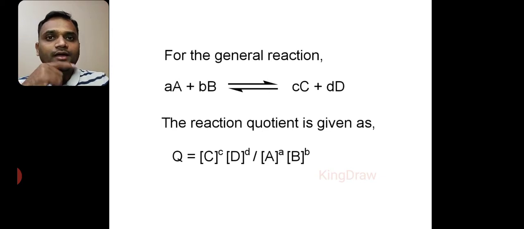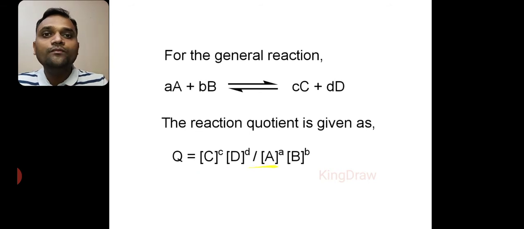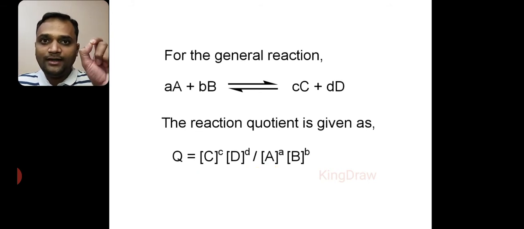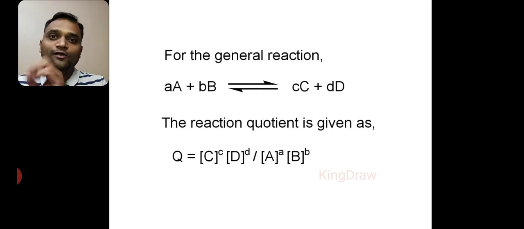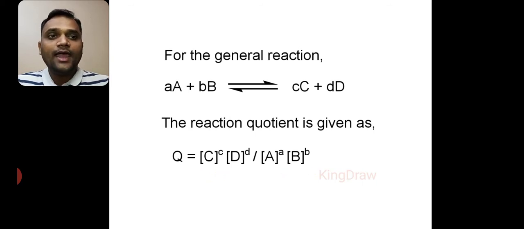When we discussed it earlier, we said that this value is equal to K, the equilibrium constant. But here we are saying that it is Q. So for that reaction, as we wrote the value of K, Q is also the same. The reaction quotient Q is C raised to c into D raised to d upon A raised to a into B raised to b.